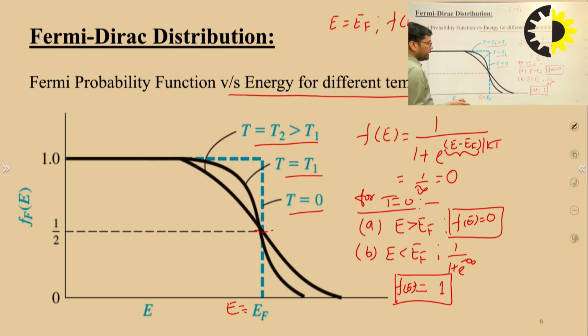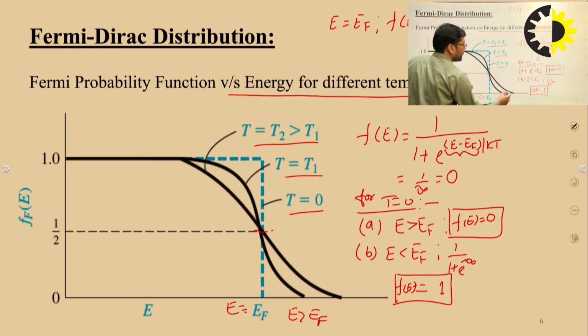Firstly, before increasing the temperature, I need to explain one thing. If E is greater than EF, the probability is equal to 0. That means it is a totally empty state, right?